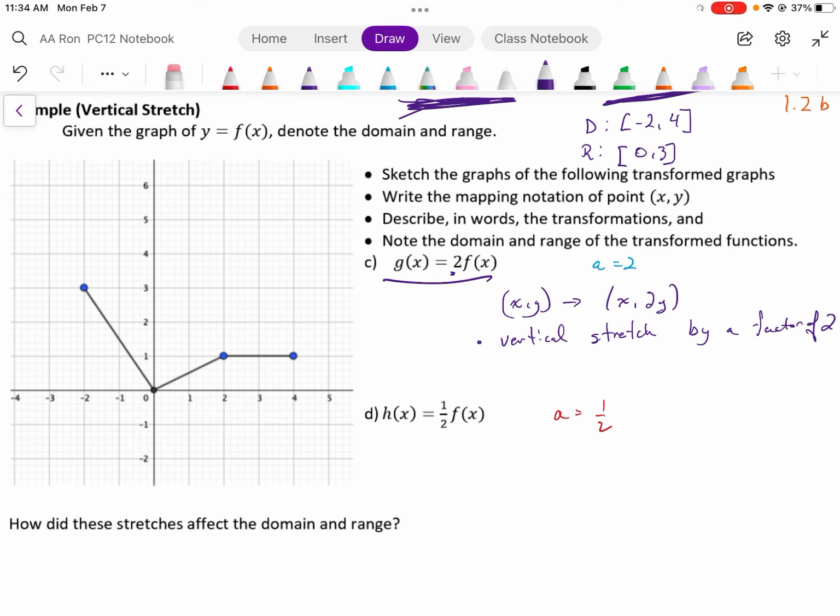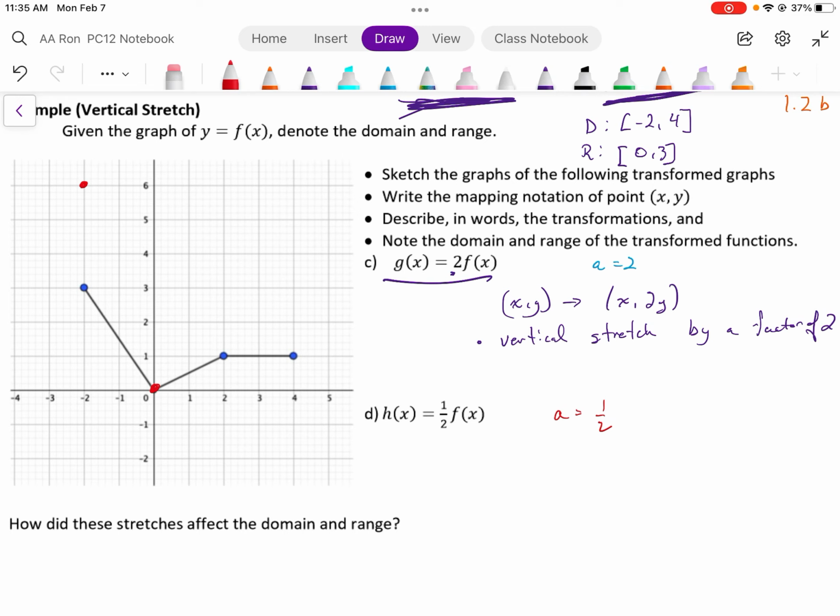Note the domain and range of our transformed functions. Well, I guess I need to transform this function. So I'm going to start off with this point right here. So -2, 3 turns into -2, 6. I'm multiplying my y value by 2. 0, 0 changes in no way.